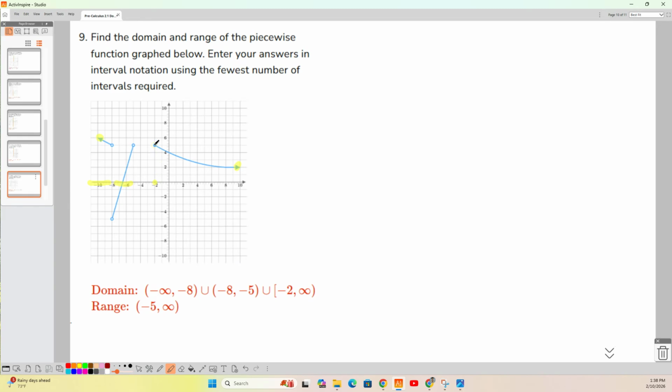And we're including negative 2 because there is a closed circle here at negative 2. So that means the point is included. So we put a bracket with negative 2, and then keep going. So the graph exists all the way to infinity for the domain.